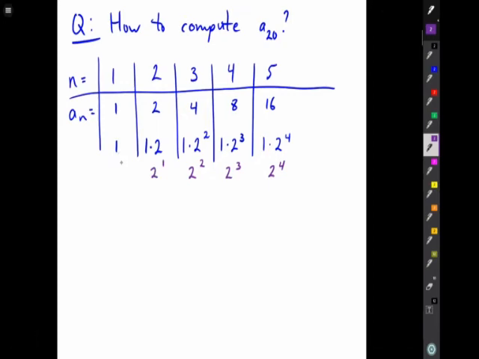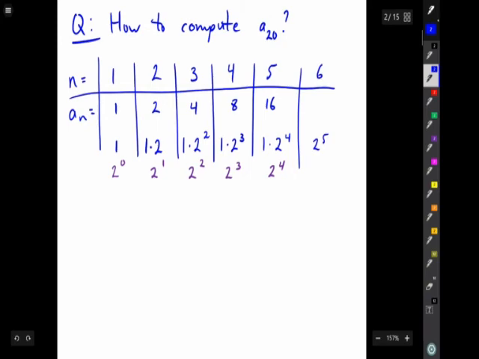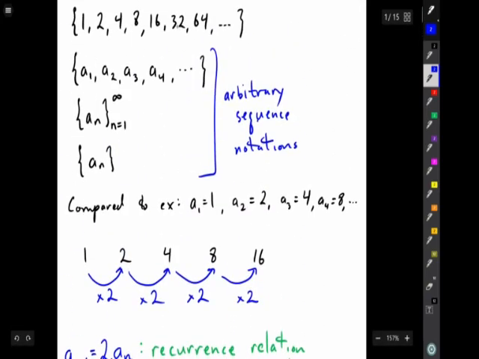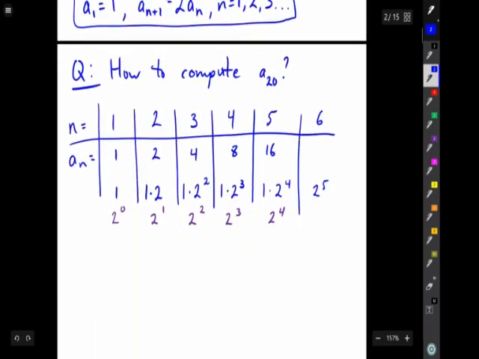And this is 2 to the 0 power. So if we look at how this is progressing, let's move one more term. Is this really 2 to the 5th power? Well, the 6th term, if we go back up here, was 32, which is indeed 2 to the 5th power.